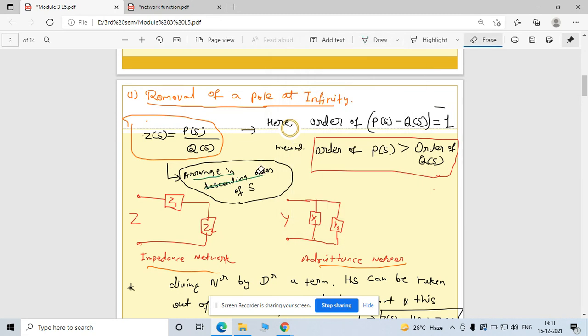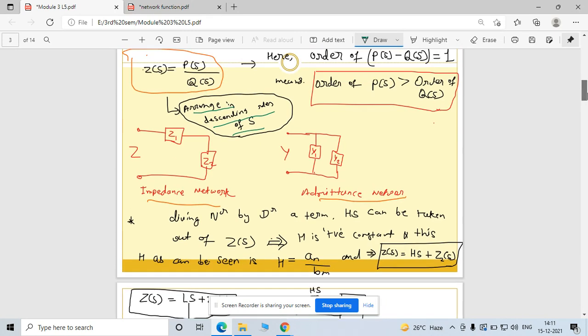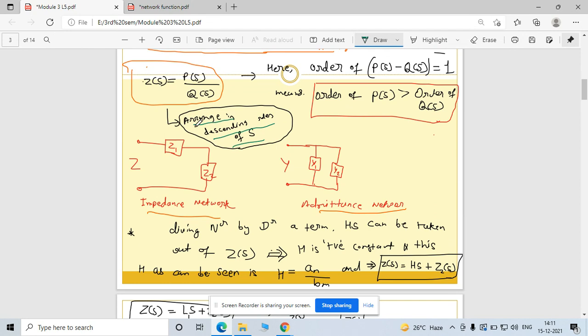Once you arrange your equation in descending order of s, then you have to use this method. Once you arrange this, use the Hurwitz polynomial method, and you have to use the ordinary division method. So we will see what that is now.